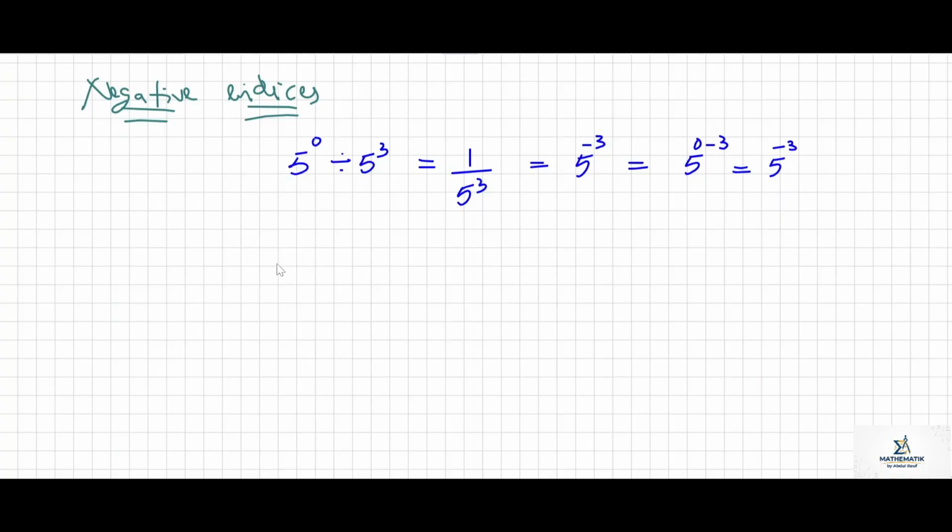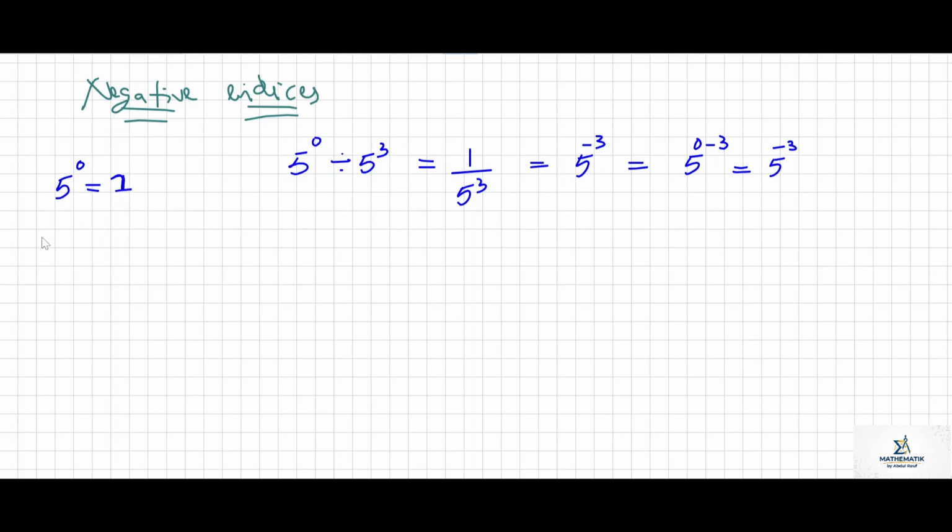So here you can note what we will get in negative indices. Of course, why are we getting the 1? It's like this: 5 raised to 0 is 1.